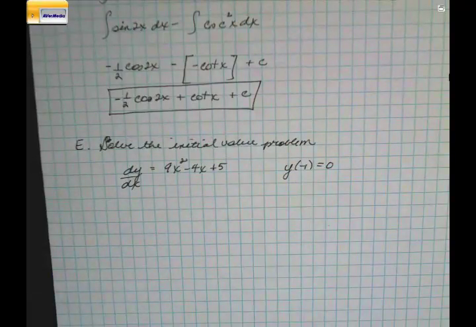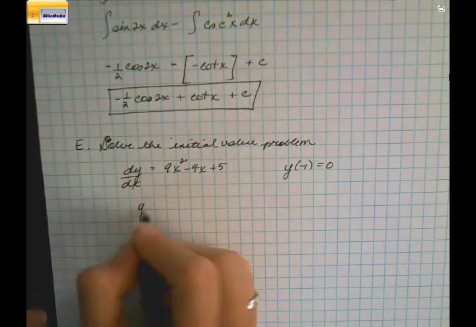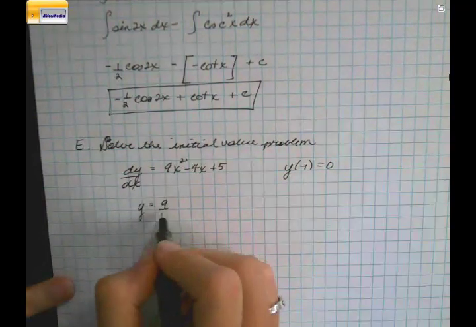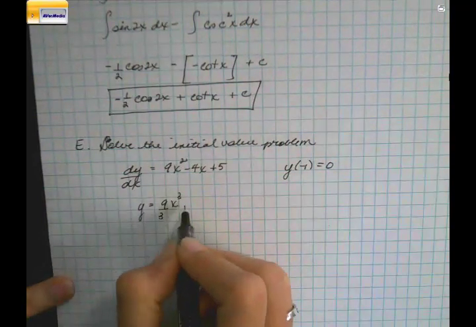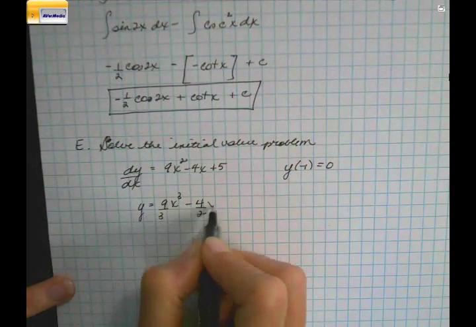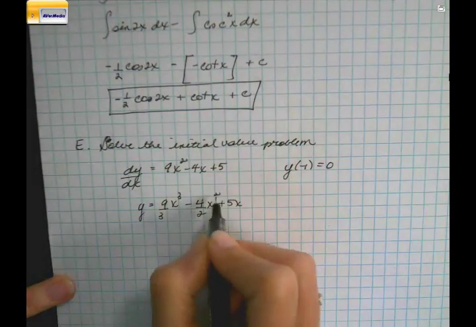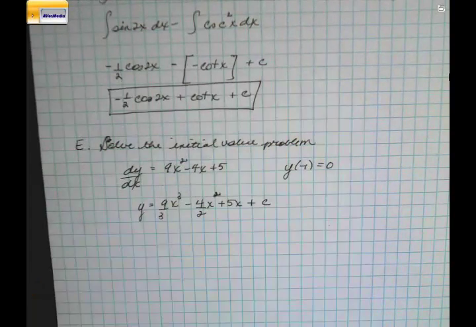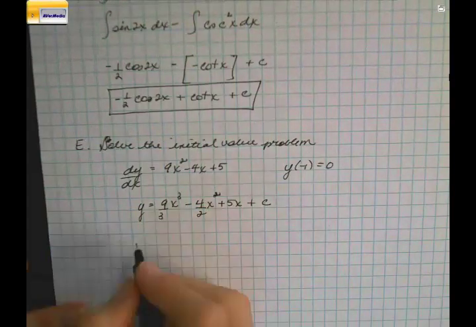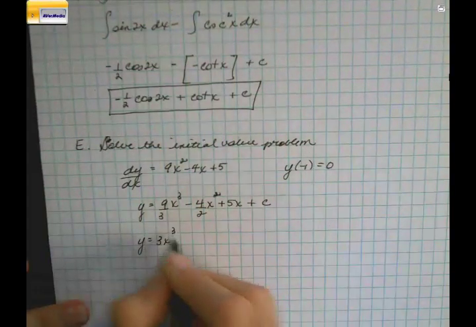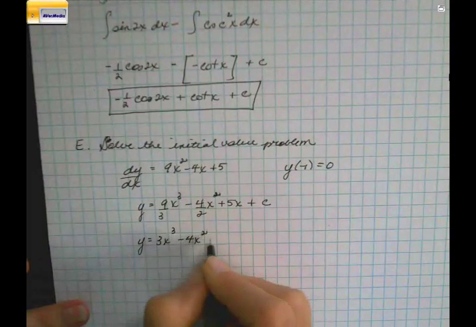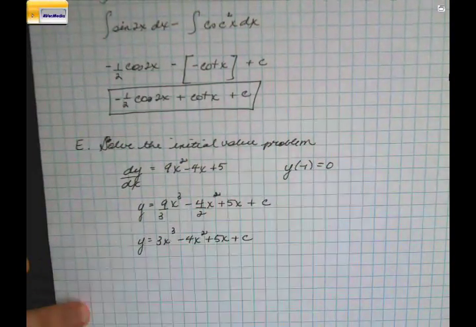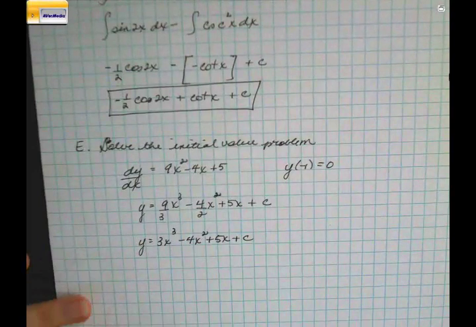Okay? So dy dx is like y prime, right? So you take the antiderivative and get y. This is going to be 9/3 x cubed minus 4/2 x squared plus 5x plus c, which is simply 3x cubed minus 2x squared plus 5x plus c.